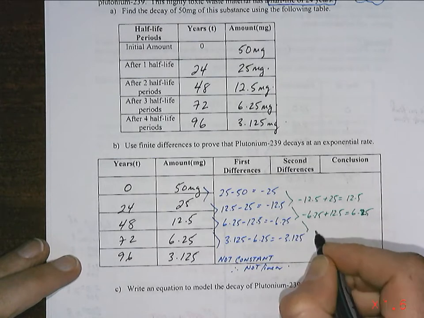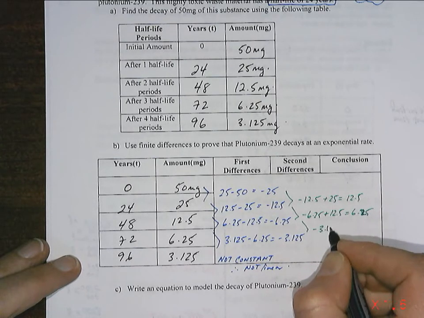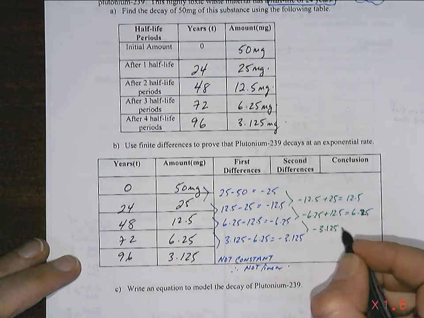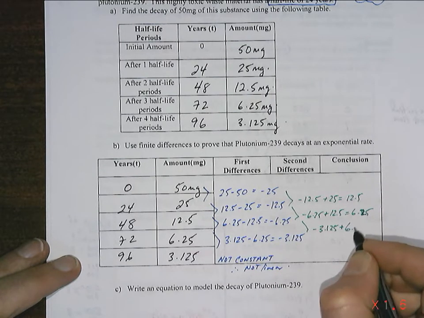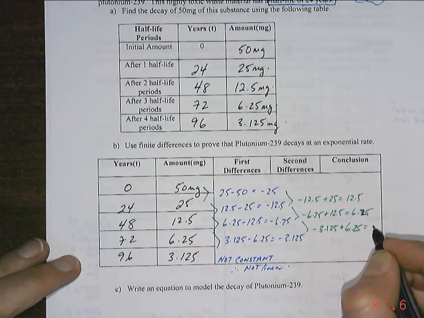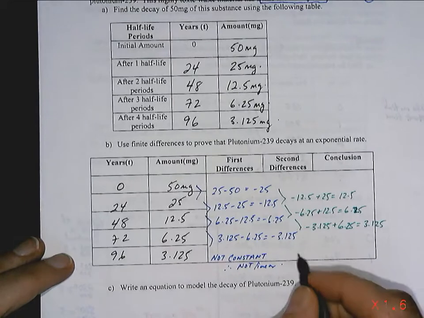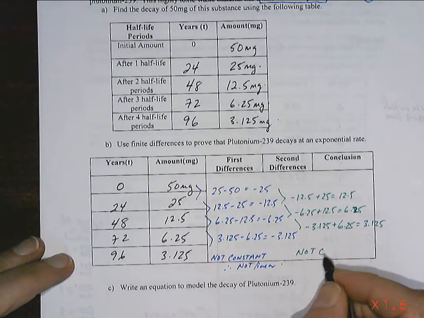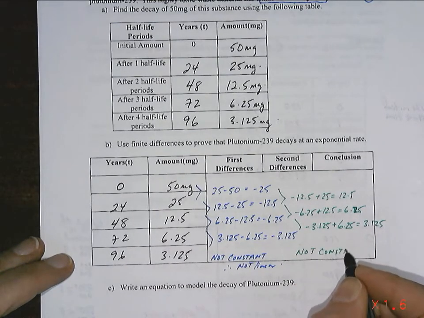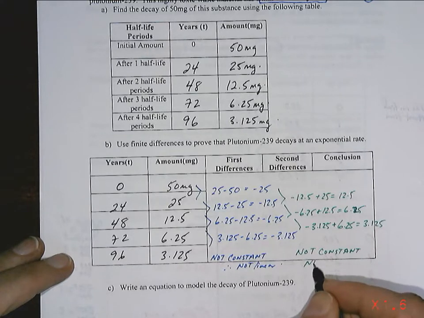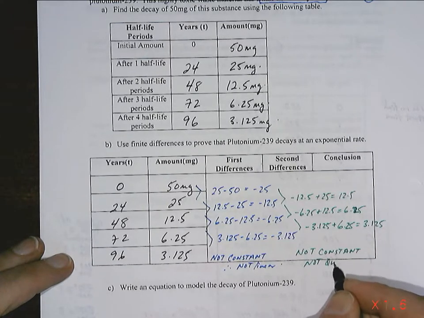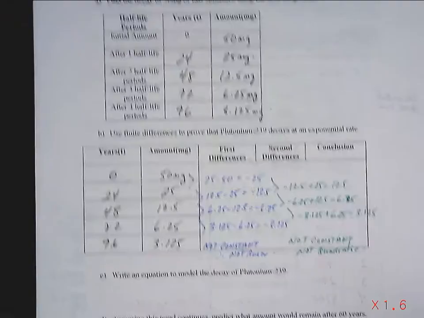And then it's going to be negative 3.125 subtract negative 6.25, so that'll be positive 3.125. Okay, what do you notice? They are not constant. So therefore, it is not quadratic. Yay! But we can do better than that.